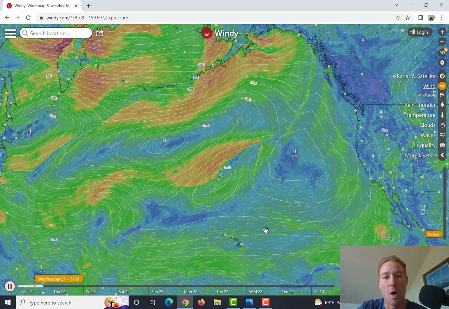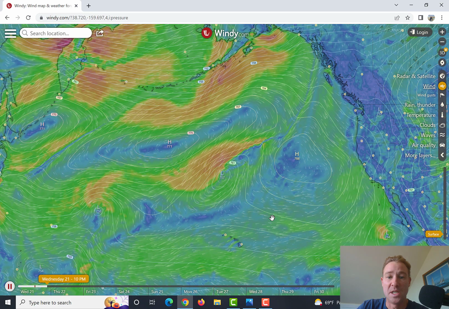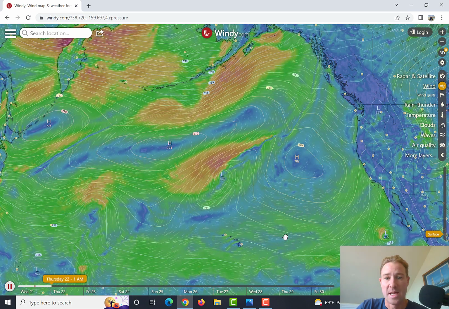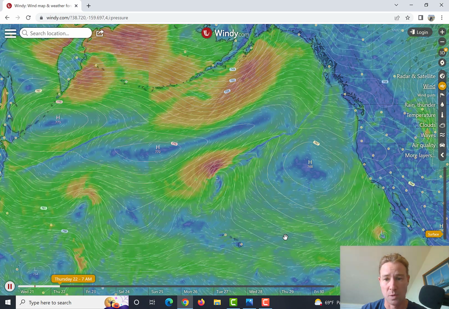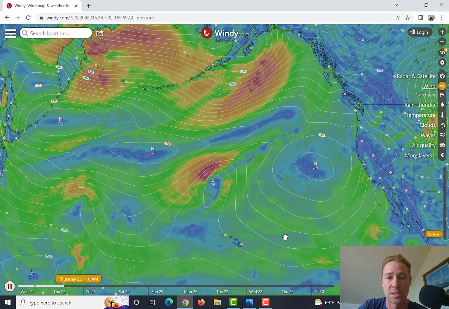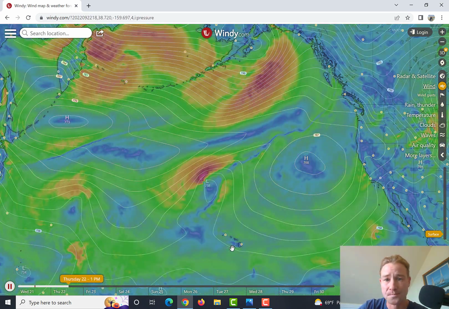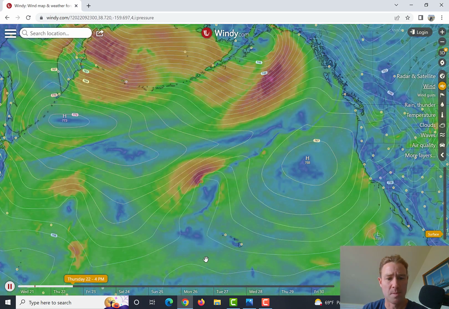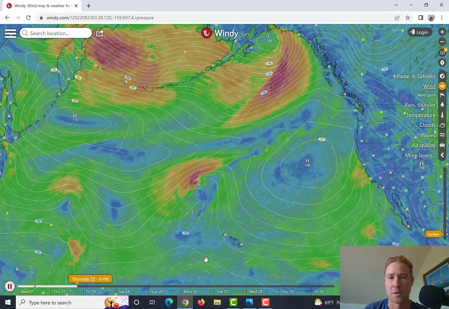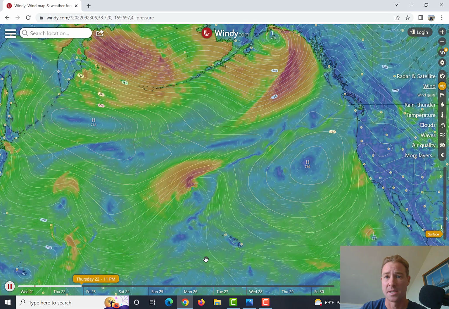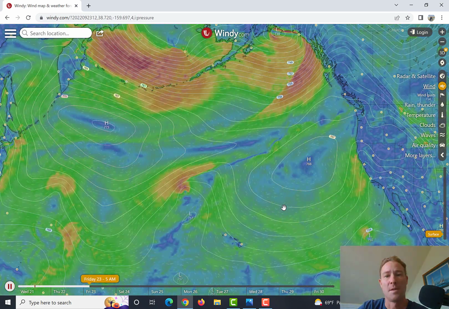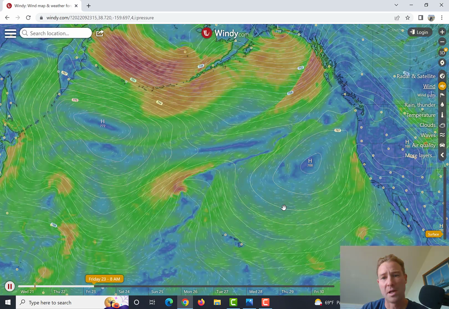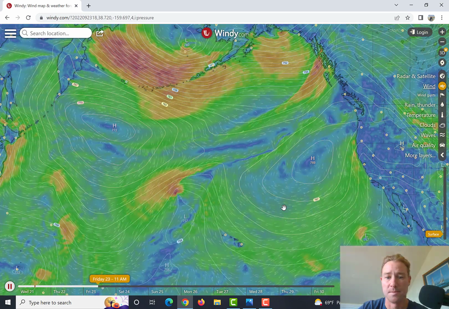Okay, and so I'm going to go ahead and just click the animation forward, and we're going to be able to just kind of watch as these winds are formed and they move across the Pacific. Now, this is the surface winds. We're going to talk just two-dimensionally on the surface for right now. And as we're about 24 hours later in the forecast, things are starting to change drastically. Now we're moving into that 48-hour time period, and it's just going kind of every 3 hours the animation is changing.